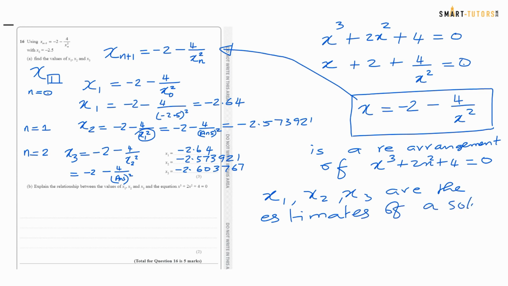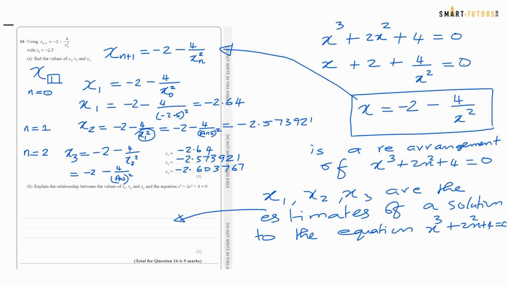So x1, x2, x3 are the estimates of a solution to the equation x cubed plus 2x squared plus 4 equals 0.